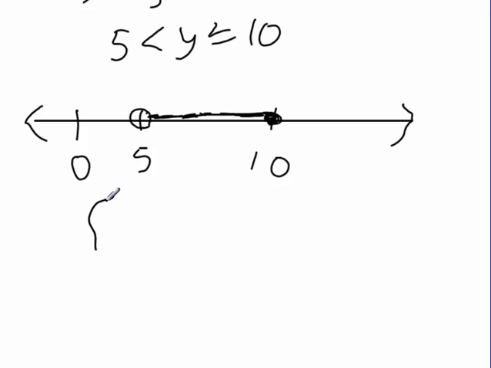And using interval notation, again, parentheses means not included, so 5 to 10, and 10 is included.